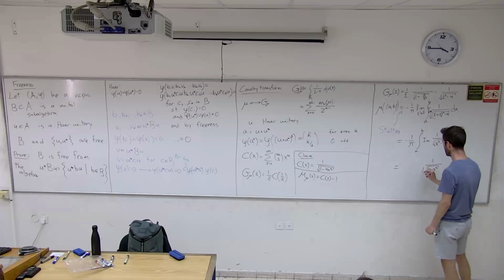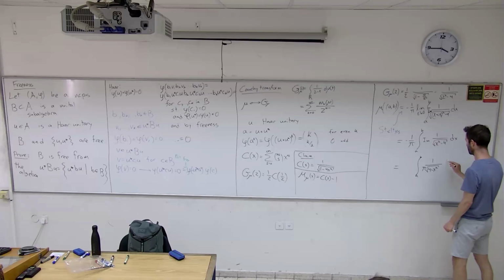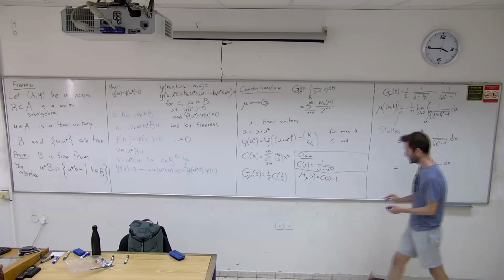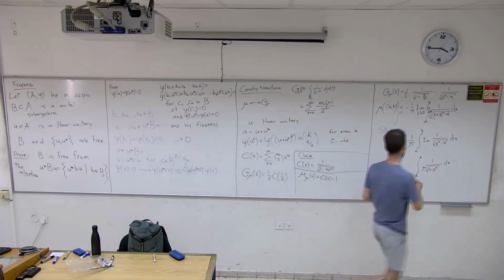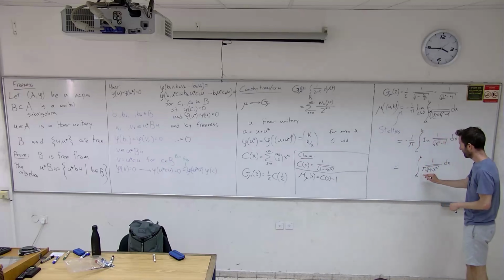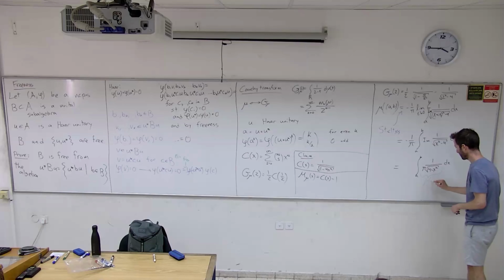So I can write down this is the integral between a and b of this one, which tells me that I can call this thing u of x.